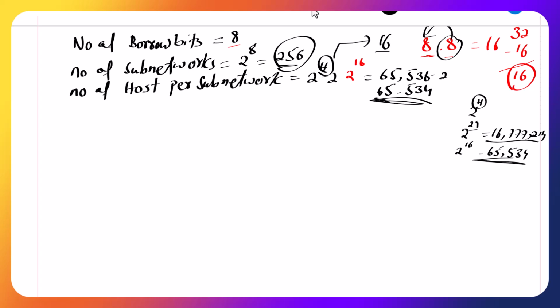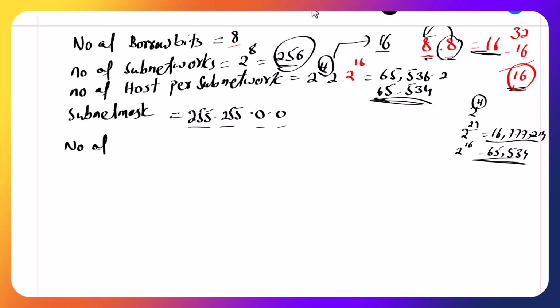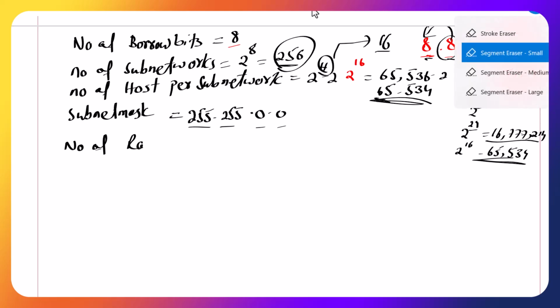So let's find the subnet mask. The subnet mask will be /16, meaning 255.255.0.0. 16 are the network bits and 16 are the host bits. So 255, 255, 0 and 0. Now the range of each subnetwork.